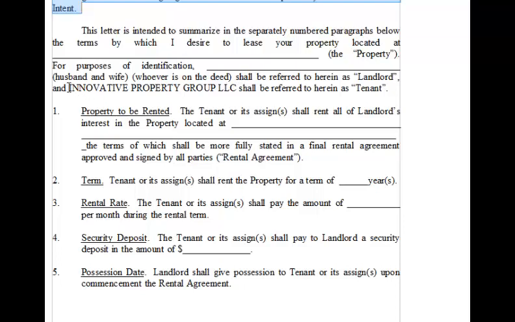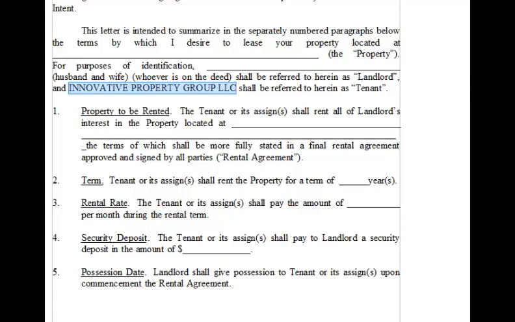Now, the name of this company is My Company Innovative Property Group, LLC. And that's going to be referred to as the tenant. Now, don't be confused here. We are going to lease in our company name and option with our company name to the seller. And once we have that, then we're going to do something else.